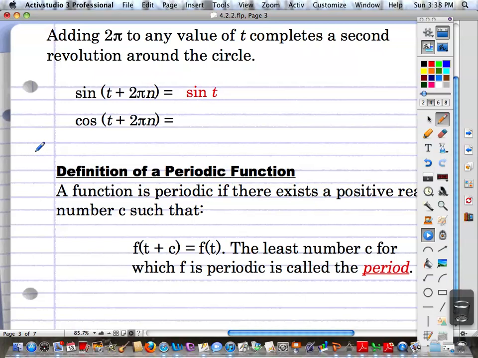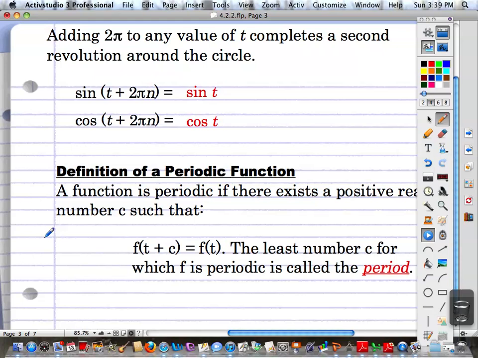Because I'm ending up in the same location, I'm getting a coterminal angle, I'm going to have the same sine value. And when I go to cosine, the same thing will happen. If I simply keep making rotations, one full rotation around the circle, going 2 pi, going another 2 pi, I always end up back in the same spot. So I'm going to have the same value for cosine as the angle I started with.